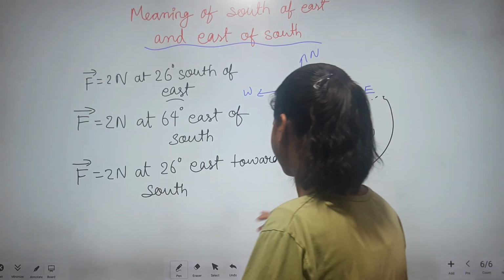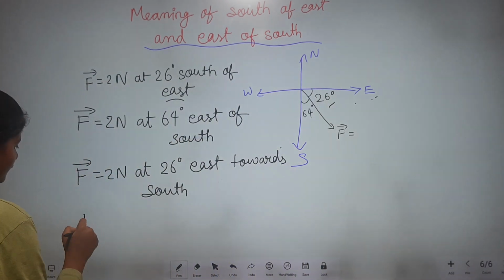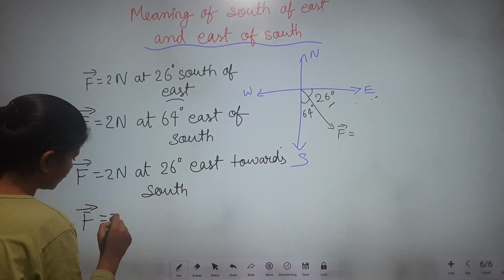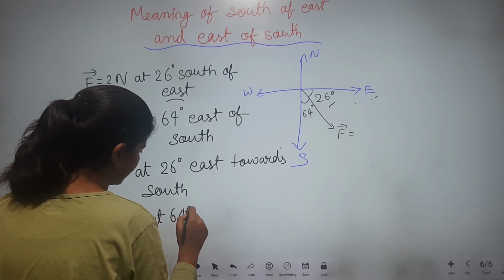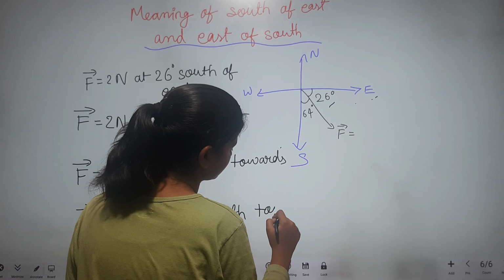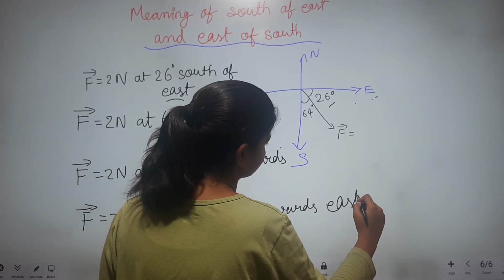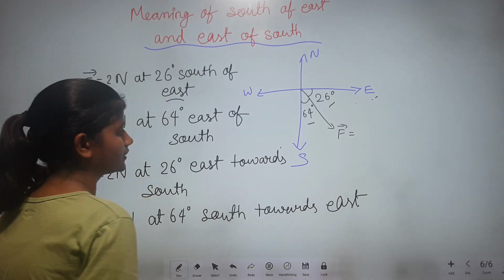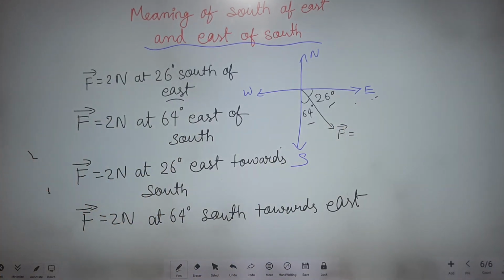Okay. Right. Force is equal to 2 Newton at 64 degree south towards east. Okay. 64 degree south toward east. Okay. So I hope you understand this one also.